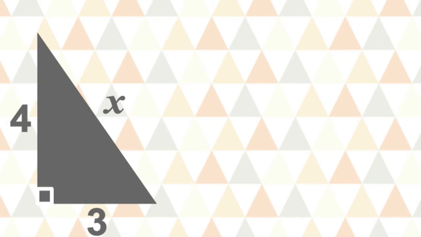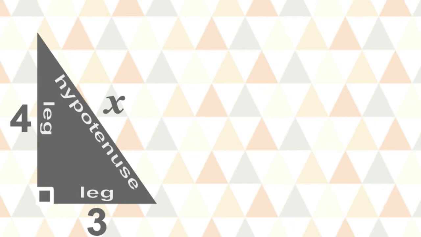So let's say we have a right triangle with side lengths of 3, 4, and x. And I say, I want you to figure out what x is. First off, we know that the side lengths of 3 and 4 are the legs, because they are the sides that produce that right angle.